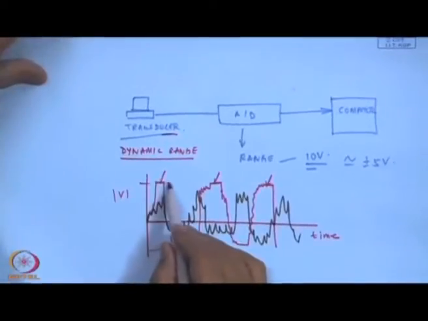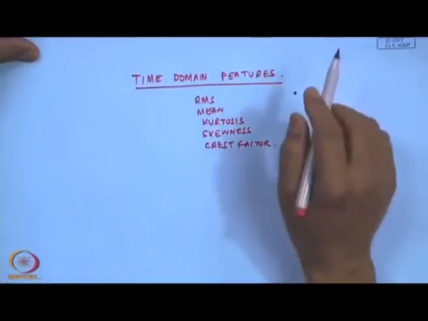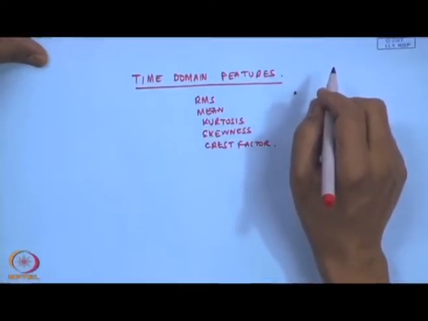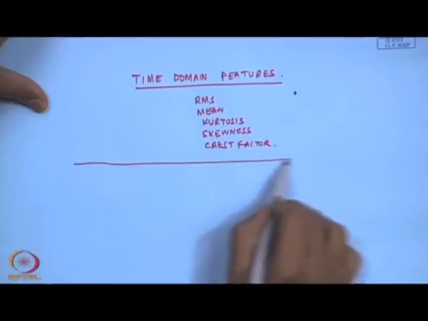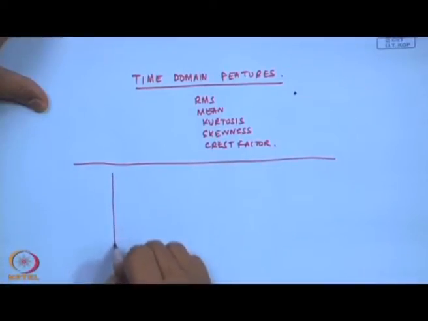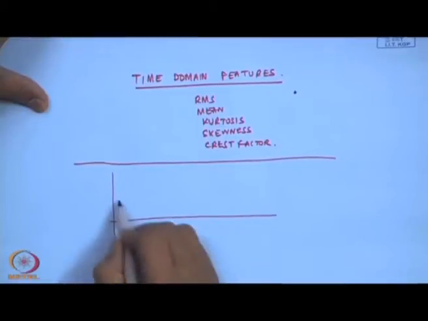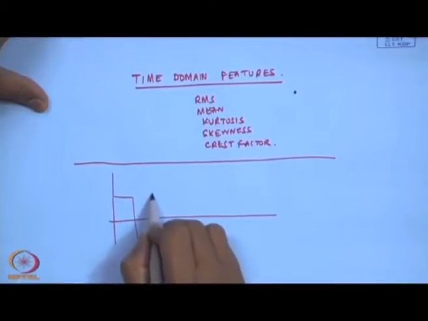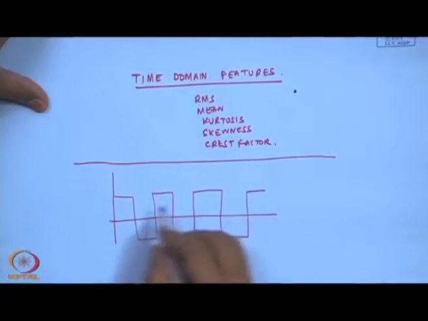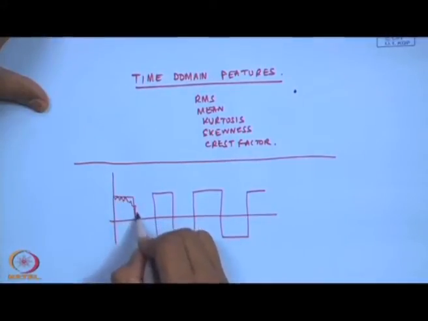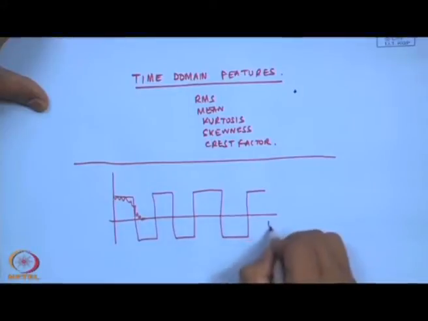This kind of plots I showed you here. These are the characteristics of the truncated time domain signals, and they will look something very close to maybe a square wave, with some oscillations and so on.